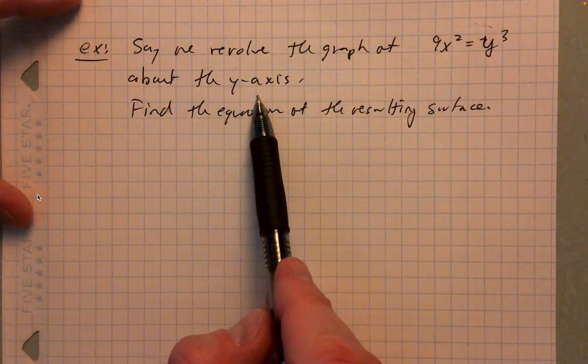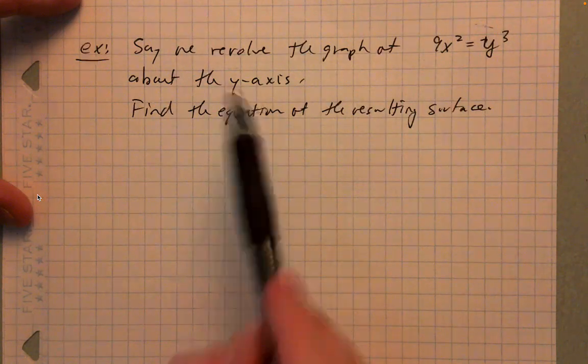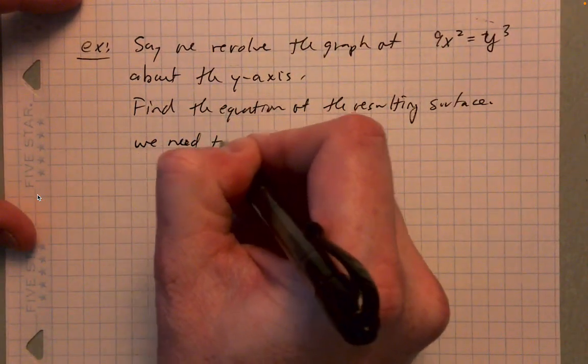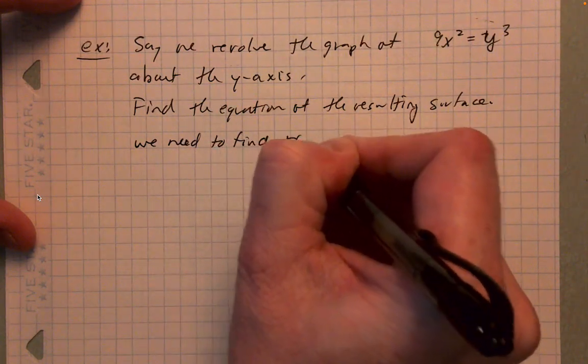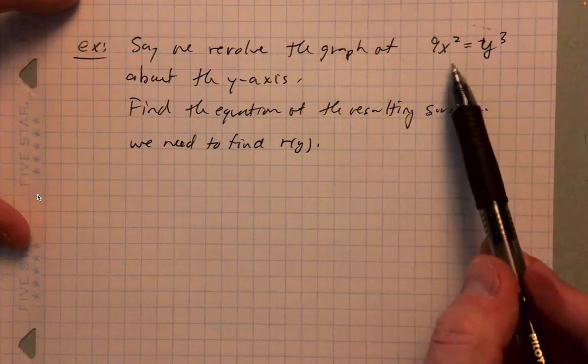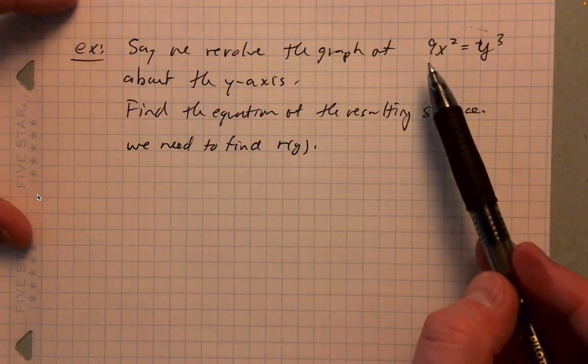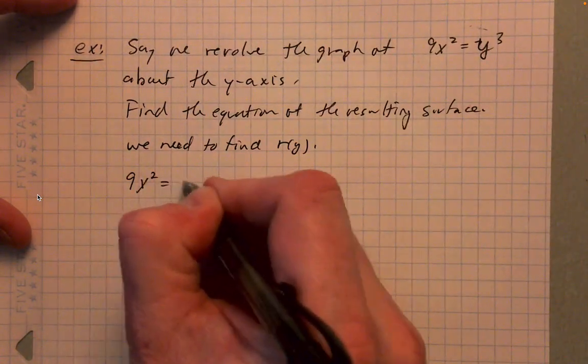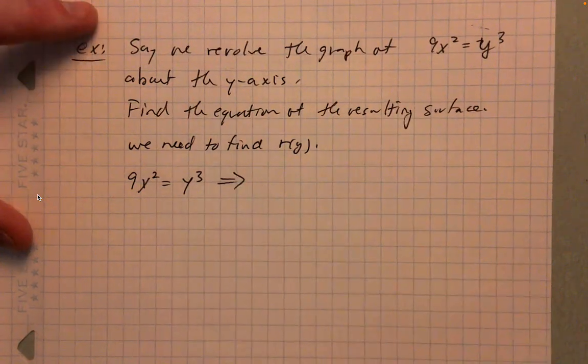So basically, we need a function. We need a radius function of y. So we need to find r of y. All that really means here is that we want to solve for x. So 9x squared equals y cubed. Solve for x.